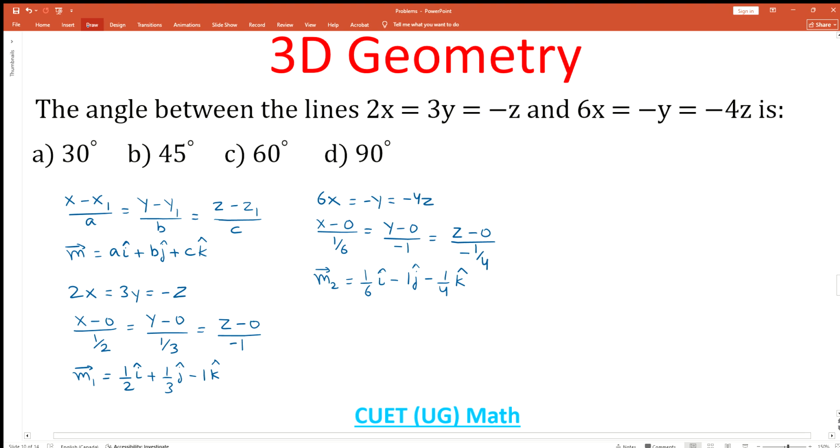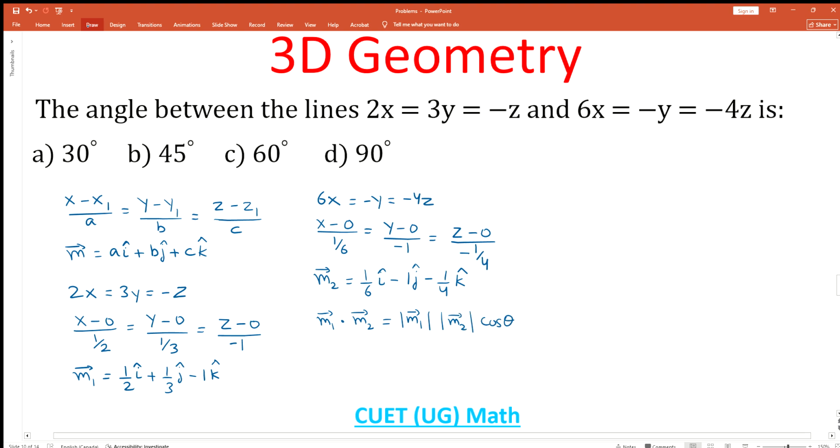So the angle between the two given lines is equal to the angle between vectors m1 and m2. We can use the dot product equation to find the angle between vectors m1 and m2. The equation is vector m1 dot vector m2 equals magnitude of vector m1 times magnitude of vector m2 times cos theta.